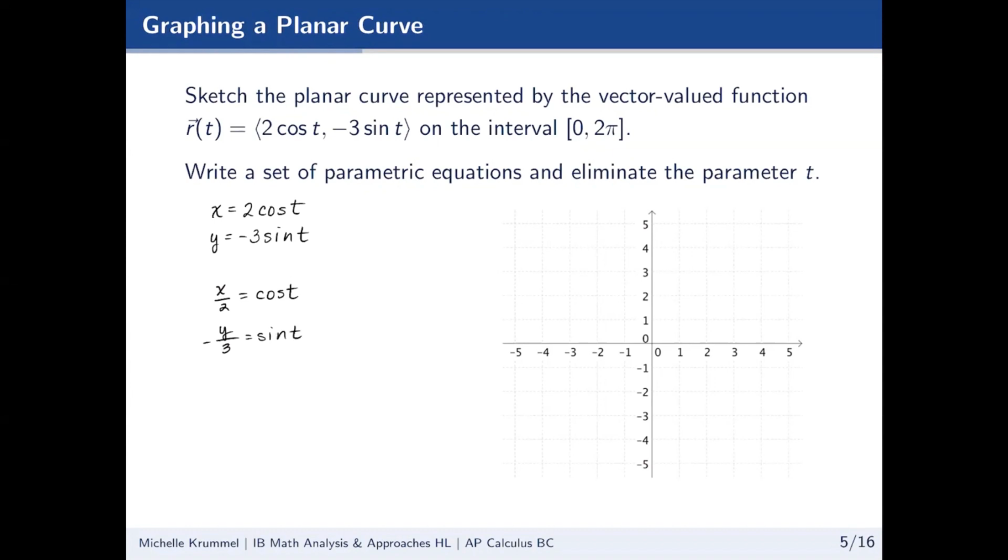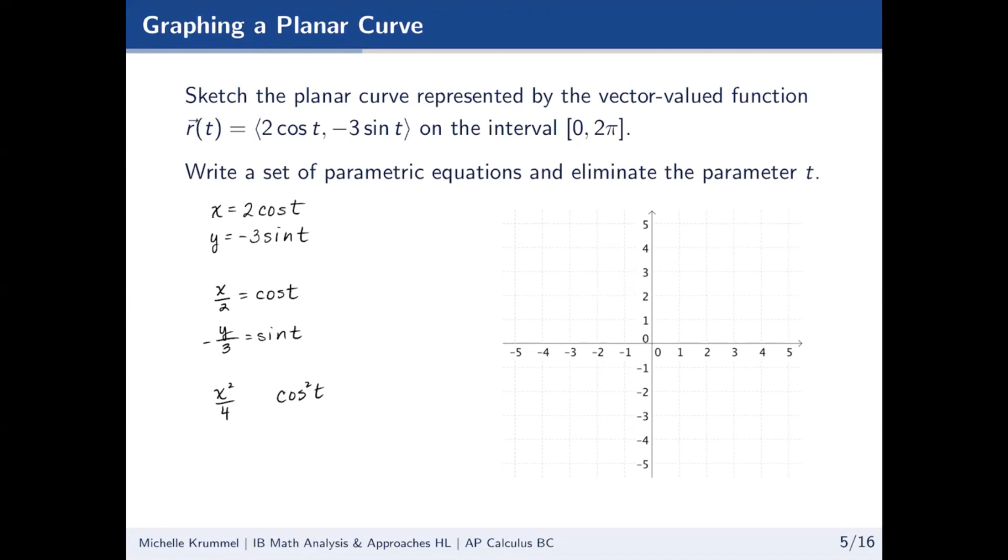And which trig identity can I use here now to eliminate this parameter t? Well, if we square both sides of these equations and then add the left-hand sides and then add the right-hand sides, we'll maintain equality. So we'll have x squared over 4 equals cosine squared t. In the next equation, I'm going to have y squared over 9 equals sine squared t.